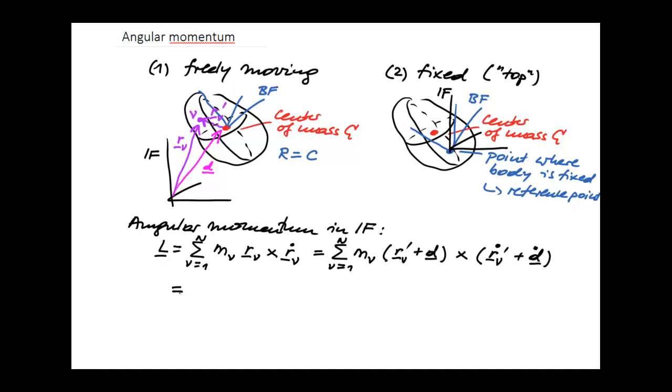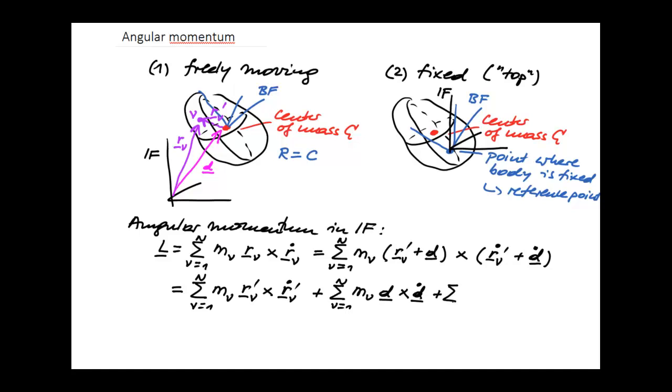This gives several contributions. First of all, we have the sum over nu, m nu, r nu prime, vector product r nu prime dot. Then we get a contribution sum over nu, m nu, d vector product d dot. And then we get the mixed terms.